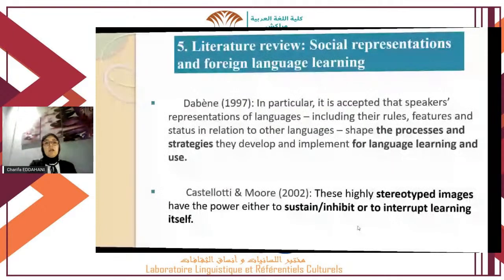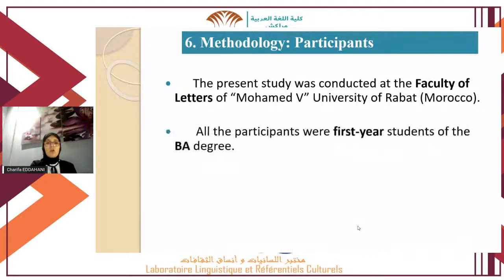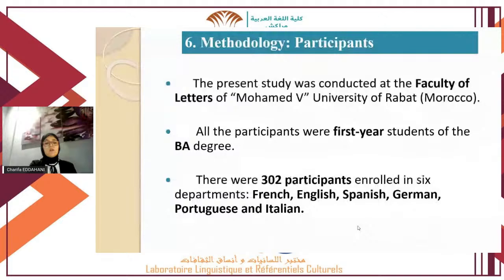As regarding the methodology of my research, the present study was conducted at the Faculty of Letters of Mohammed V University of Rabat in Morocco. All the participants were first-year students of the bachelor degree. There were 302 participants enrolled in 6 departments: French, English, Spanish, German, Portuguese, and Italian.